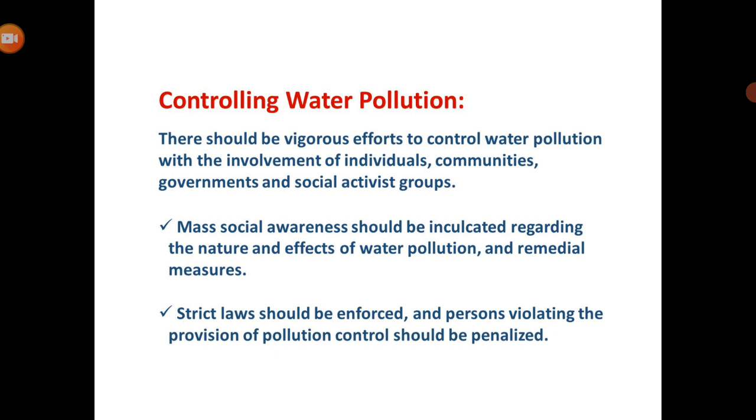Highly qualified and experienced persons should be consulted from time to time for effective control of water pollution. Every individual should follow the 3R principles: reduction in use, reuse, and recycle. The possible reuse and recycling of treated sewage effluents and industrial waste should be encouraged.